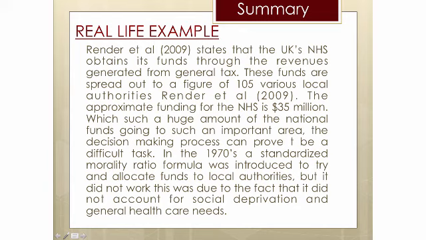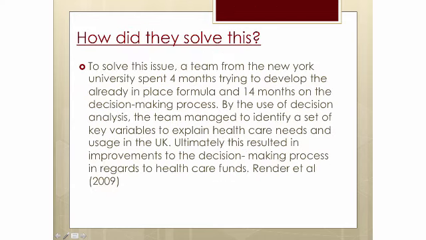In the 1970s, a mortality ratio formula was introduced in an attempt to allocate funds, but unfortunately this method did not appear to work. The UK needed to seek a better way to allocate healthcare dollars to local authorities.